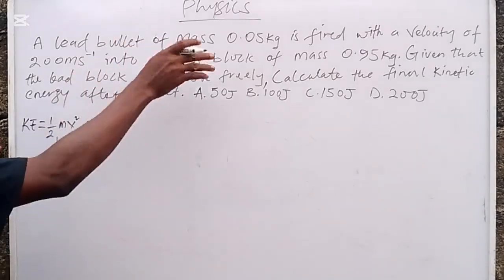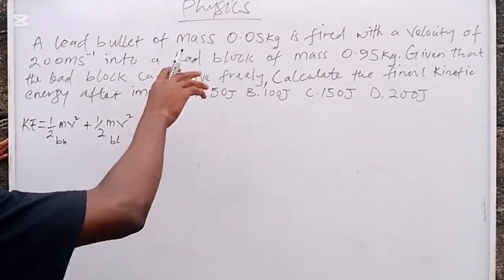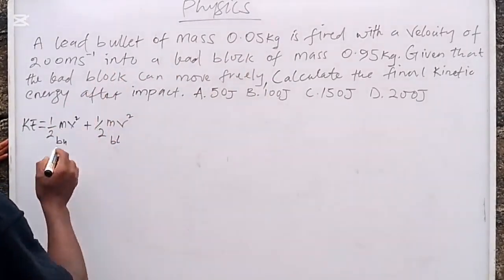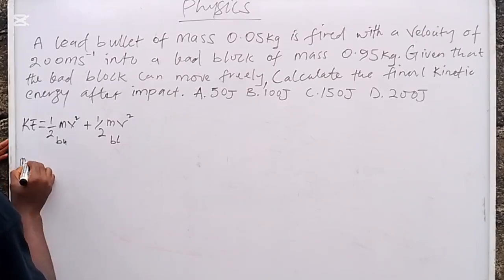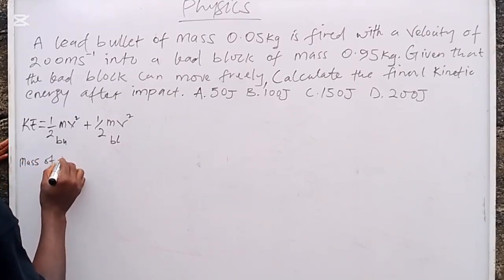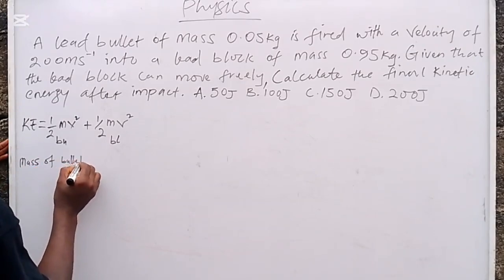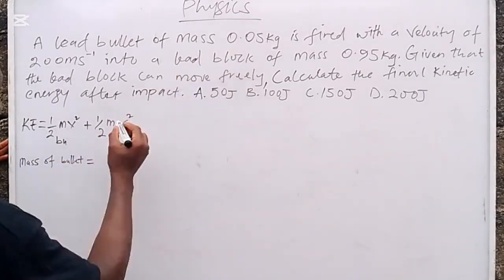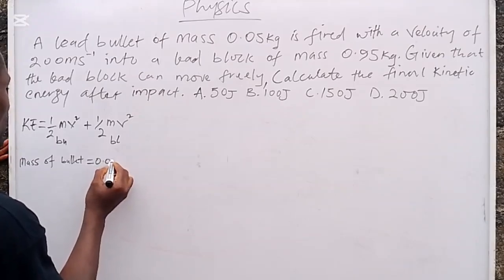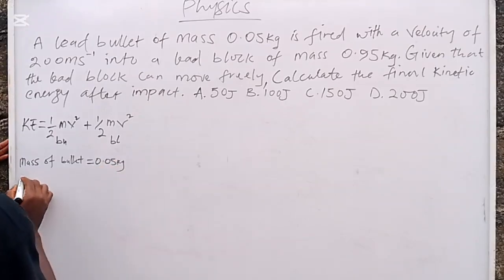Now let's figure out the values of the quantities given in the question. So we have that mass of bullet is equal to 0.05 kg, right?